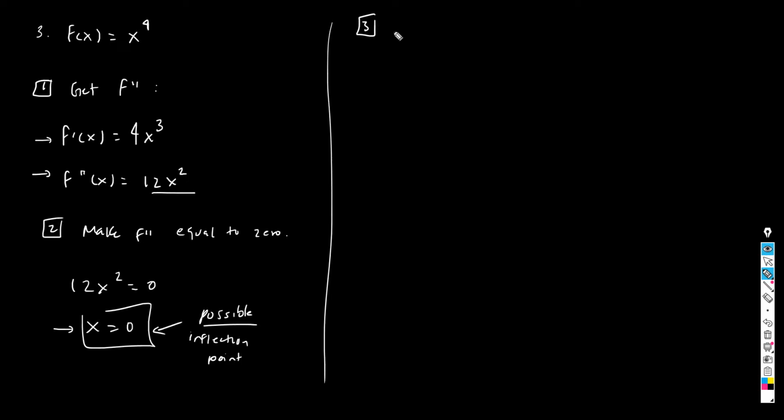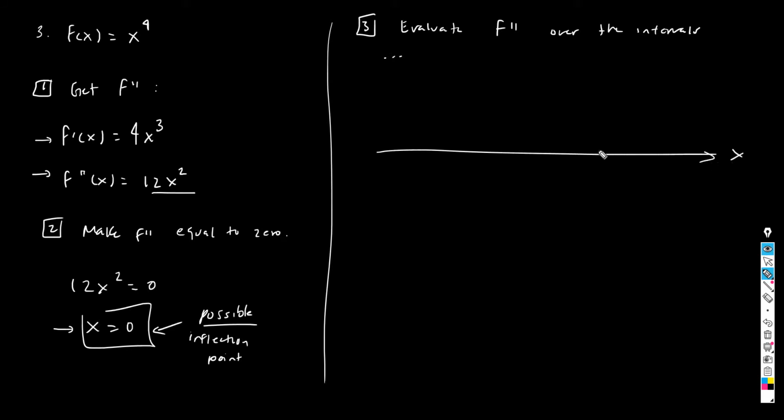Step 3, evaluate the second derivative over the intervals. You already know what I was going to write in here. So this is my x-axis, this is my y-axis. My inflection point occurs right here.